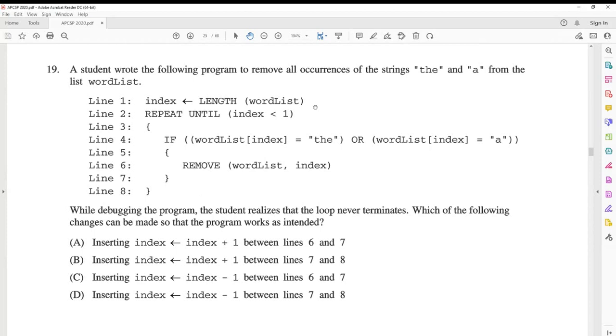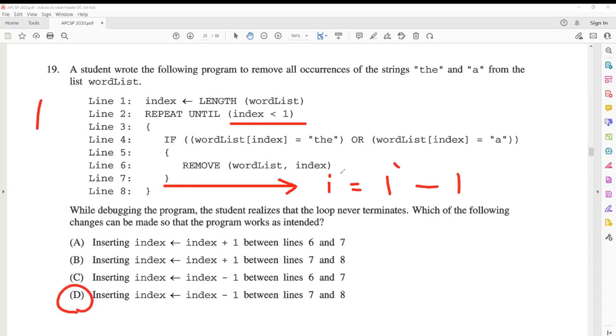You start from the length of the word list, and continue until the index is less than 1. So basically you should do it over here so that your index is decreasing. So it's actually answer D on number 19. Any question?